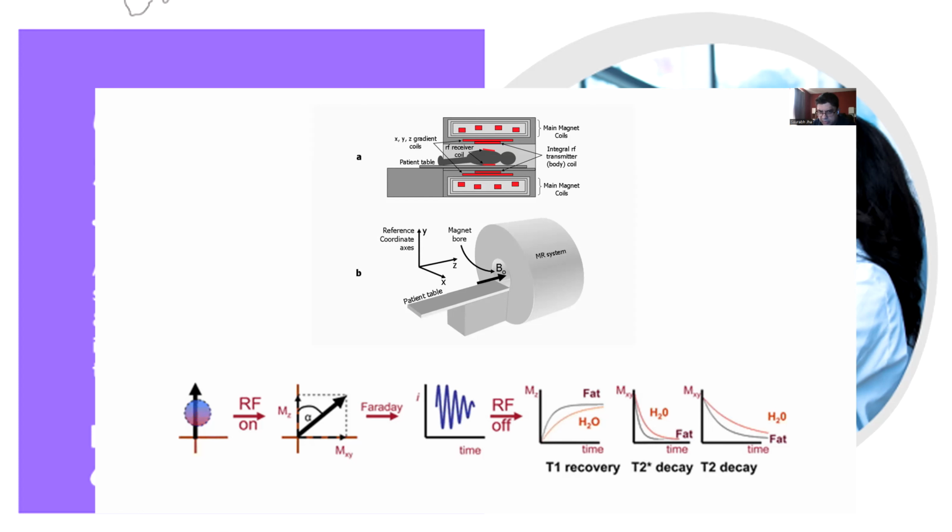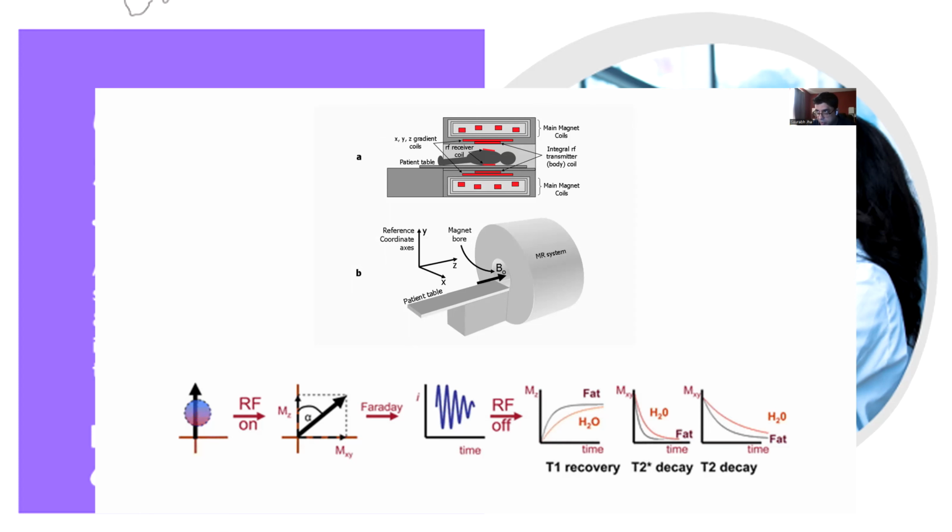Some basic MRI, I'm not going to go too much into it, except that you place the patient in a magnetic field where you get a net magnetization vector in the direction of the magnet. And in order to generate the signal, you tip the magnetization, which is precessing like a spinning top, by 90 degrees.